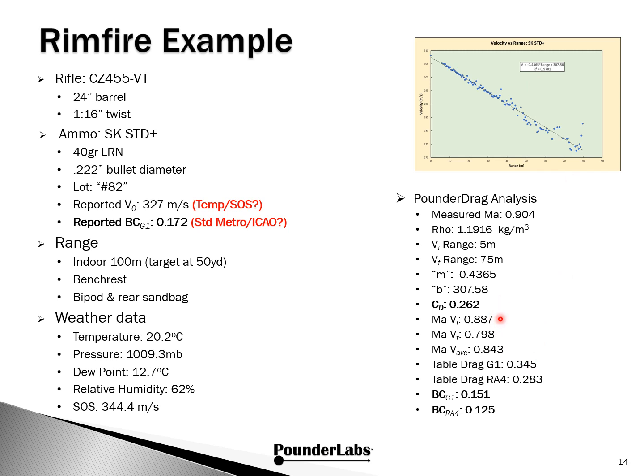We can go on and get the Mach numbers for initial, final, and average velocity. Here is the value of the drag coefficients from the table for G1 and RA4, and we directly get the ballistic coefficients for G1 and for RA4.